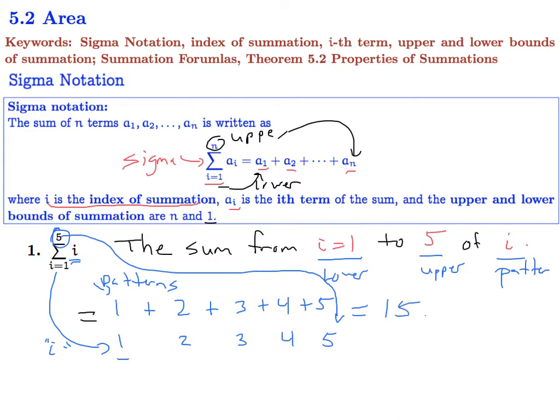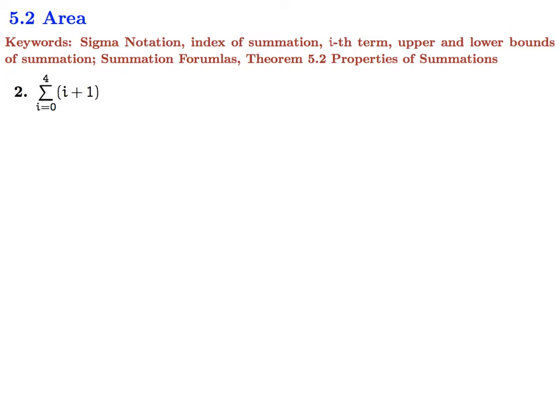So let's see a few more of these just to get used to them. In this case, we've got the sum now from i equals 0, so a good thing to know is we start at 0, we end at 4, and we have a new pattern, i plus 1. So we're going to start with our i's: 0, 1, 2, 3, and 4.